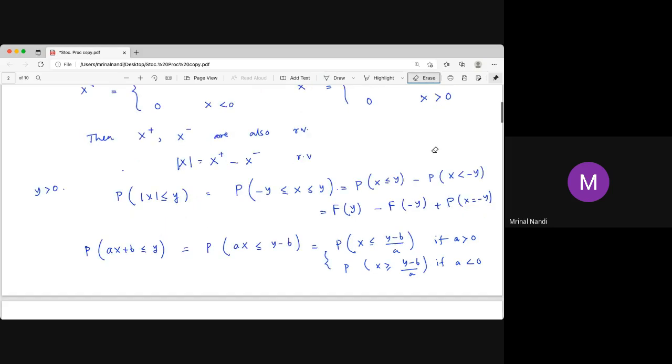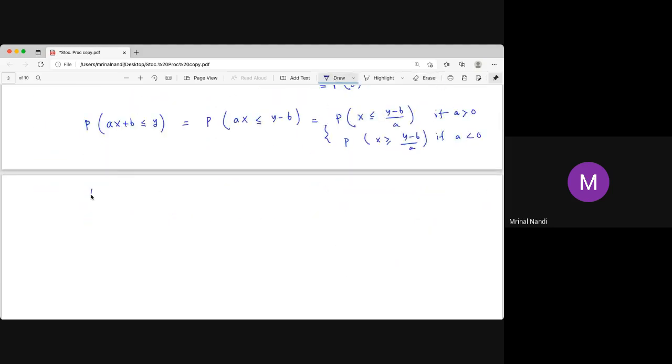Now what is the distribution function of x plus? It will be 0 if y is less than 0. If y equals 0, then this is just probability of x less than or equal to 0, because x plus less than or equal to 0 means x is less than or equal to 0.